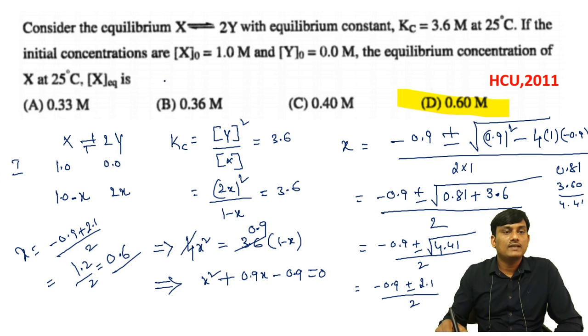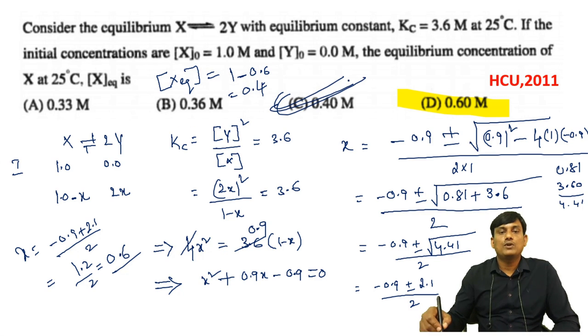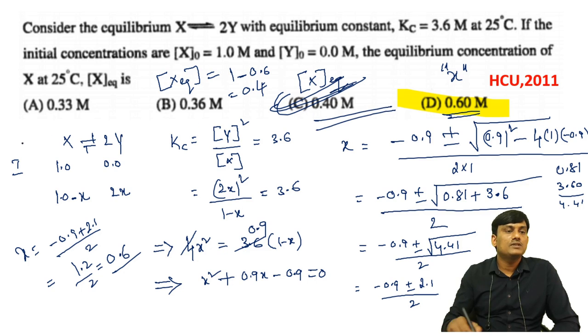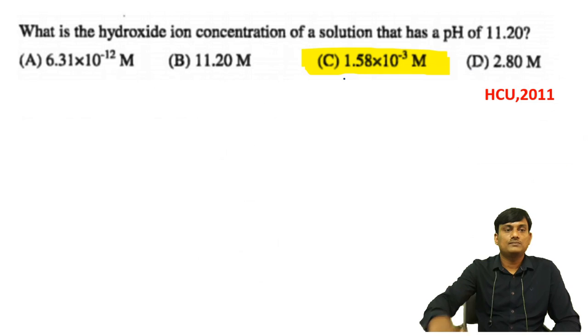It will be 1 minus x, so X equilibrium is 1 minus 0.6, which is 0.4. So the correct option is 0.4. 0.6 is x, the consumption of X, and this is X at equilibrium. So C is the correct option.